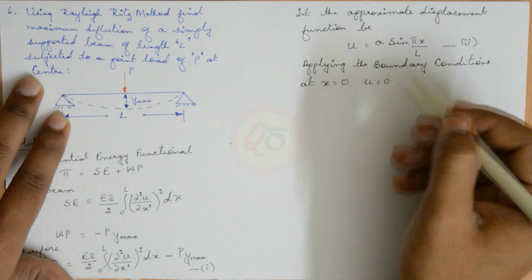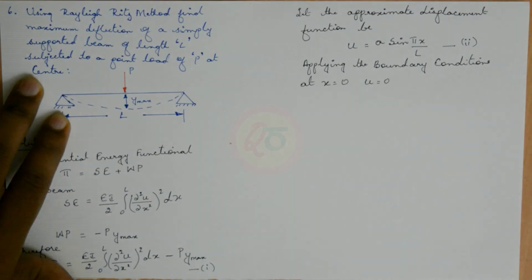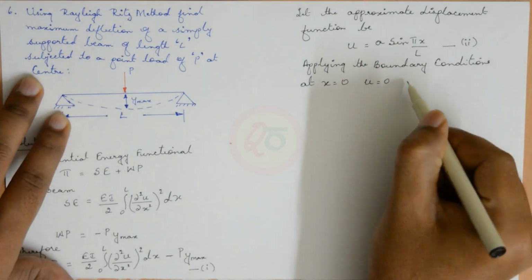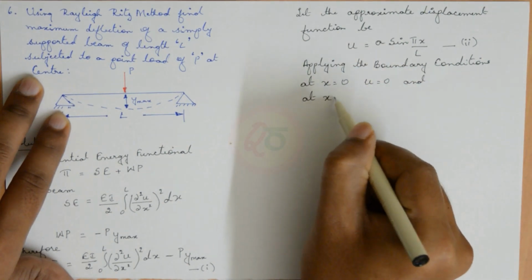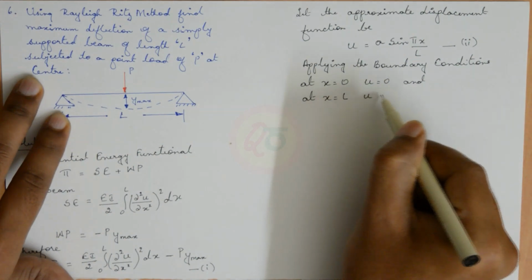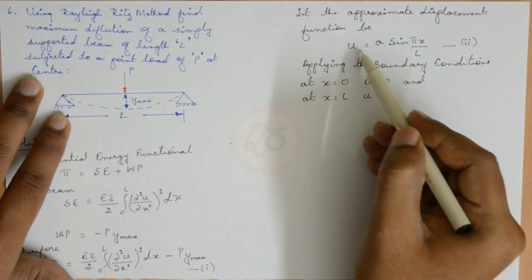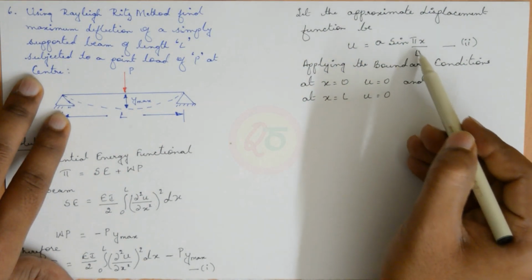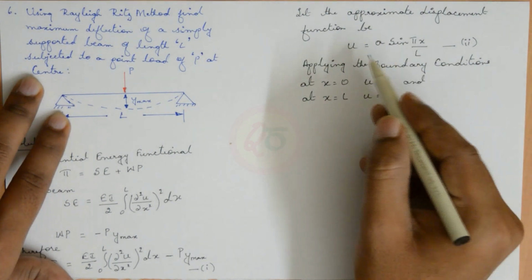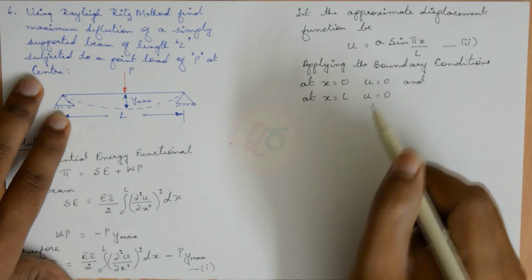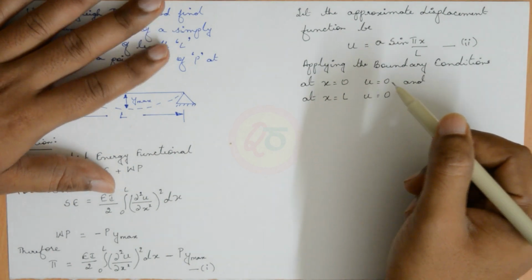Does it satisfy? When x becomes 0, it is sine 0, which is 0, u is 0, so it satisfies. And at x equals L, u is equal to 0. When x becomes L, sine pi is 0, so u is 0. So both the boundary conditions are satisfied by the assumed approximating displacement function.